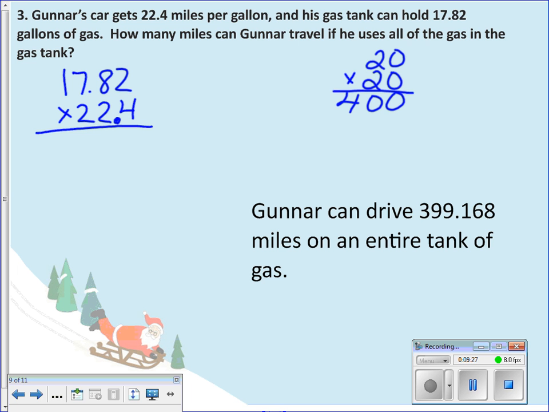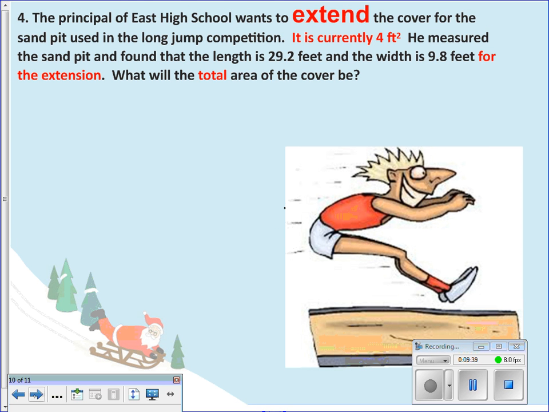Now for number 4, I actually changed it. So let's take a peek at number 4. Now, please listen. This is important. I changed it because of number 3 on your homework.